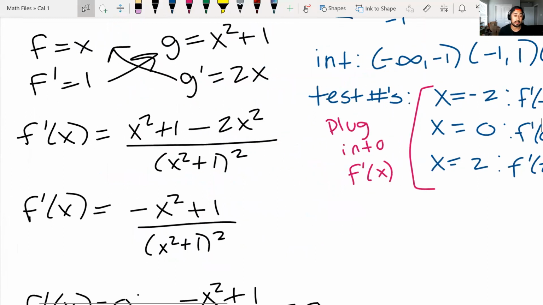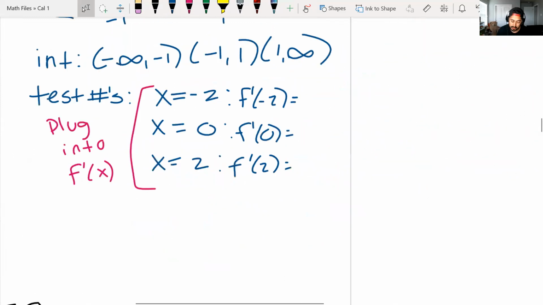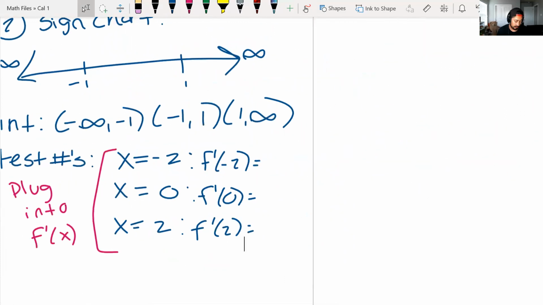Right there. I'm going to type that in my calculator, use my table feature: negative x squared plus 1 over x squared plus 1 squared. Enter, enter, enter. And I'll show you how much I care about numbers.